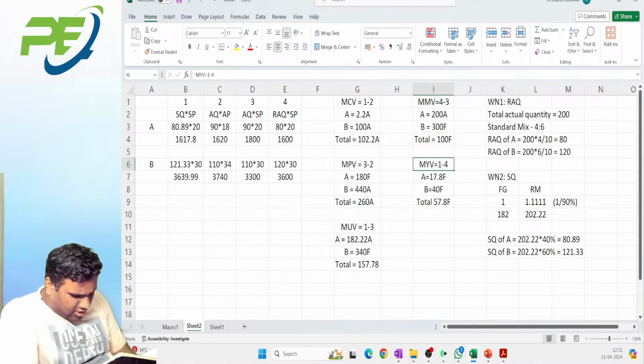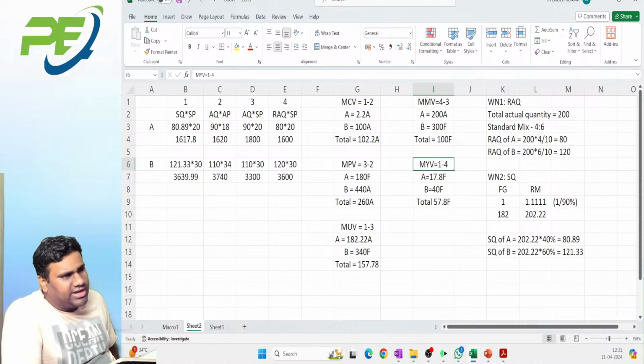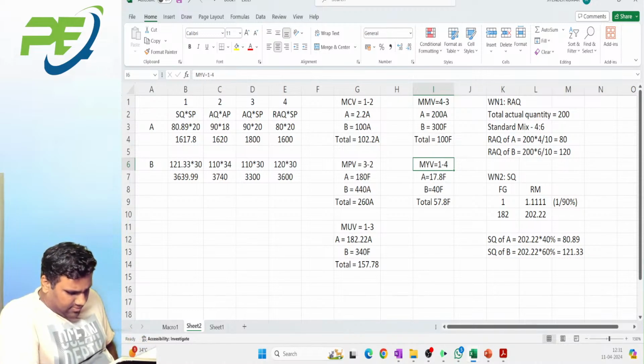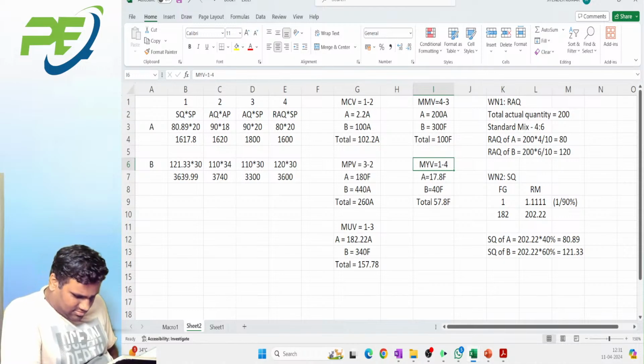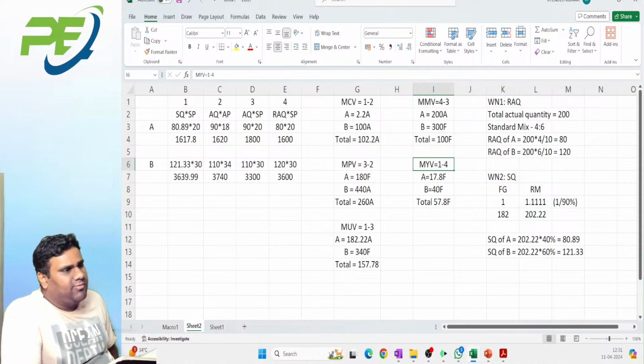Point number E. Column 1 is standard quantity and column 4 is actual quantity.